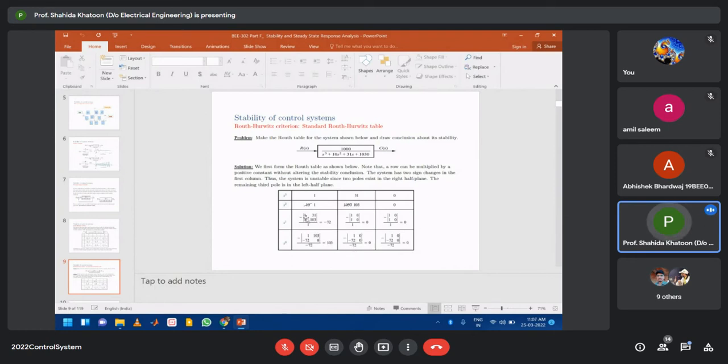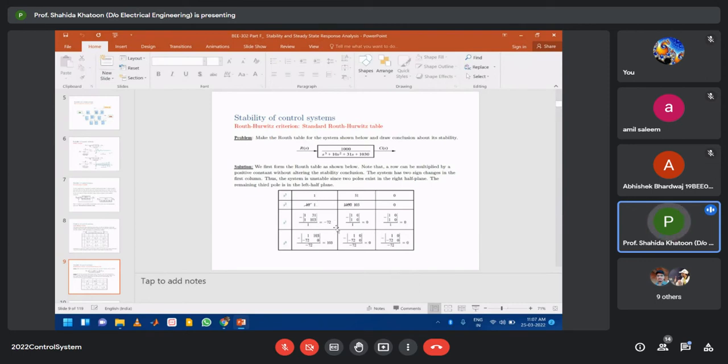And here you will have 10, because of this value, this value, this value, and this value. So 10 times 72 0 divided by minus 72, you can calculate, comes out to be 0. And here again 10. Then minus 72 and 0. So this is how we form the Routh table, and then we see how many sign changes.